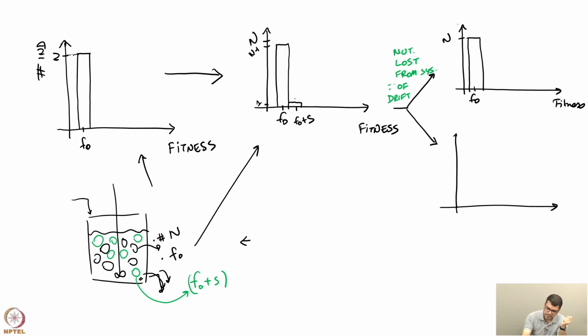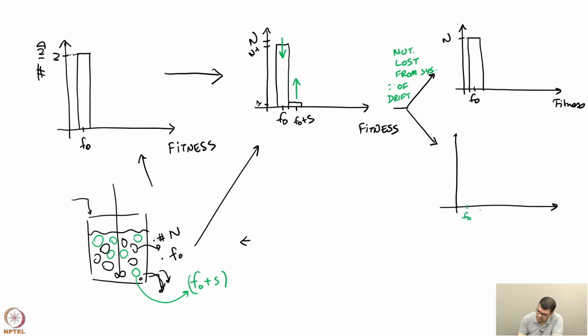As a result, the frequency associated with F naught plus s will increase, because selection is acting and the more fit individuals are going to get selected for and hence increase in frequency, and conversely the less fit individuals are going to decrease in frequency. So this relative change will take place once the mutation has survived the action of drift.